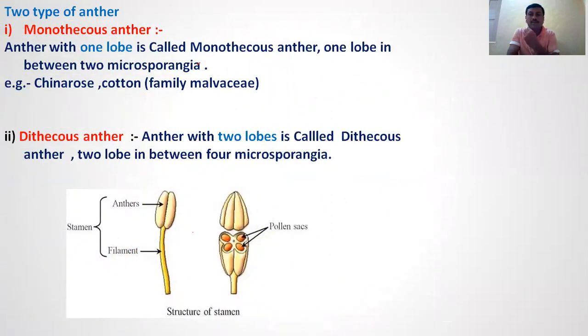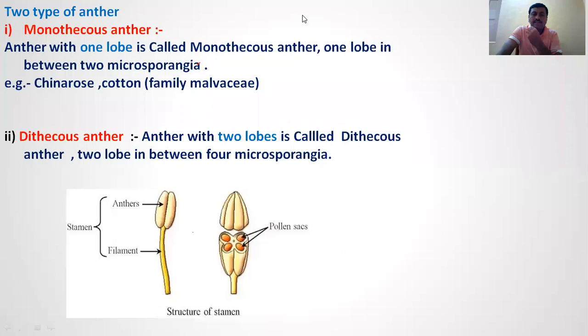Then types of anthers. One lobe present, it is also known as the monothecous anther. Two lobes present, it is called the dithecous anther, like these diagrams.